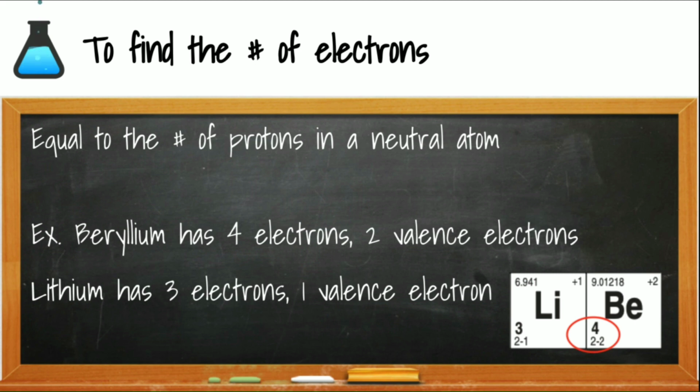So for beryllium-9, what we can see is that it has 4 total electrons, and 2 of its electrons are valence electrons because they're on the right. Same thing with lithium. Lithium actually has 3 total electrons, but it only has 1 valence electron.